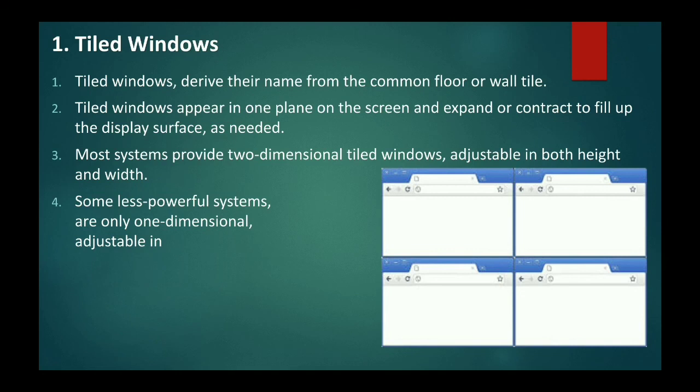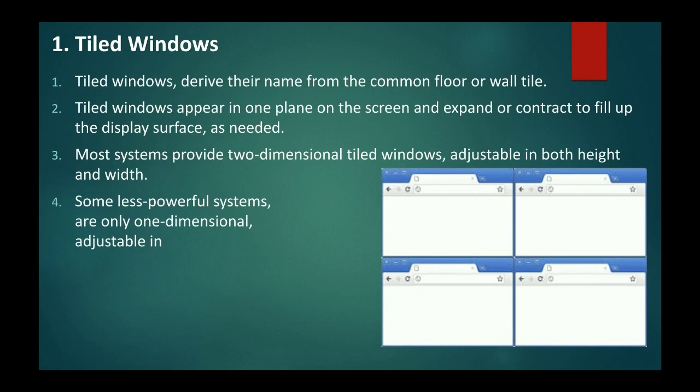All the windows are given equal space to open and to show their options, the menu bar, the title bar, whatever options are available in that particular window. The tiled windows derive their name from the common floor or wall tile we have seen.